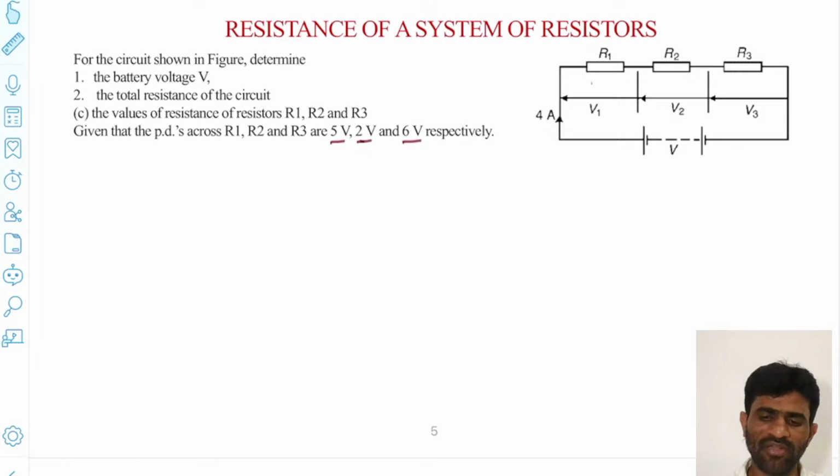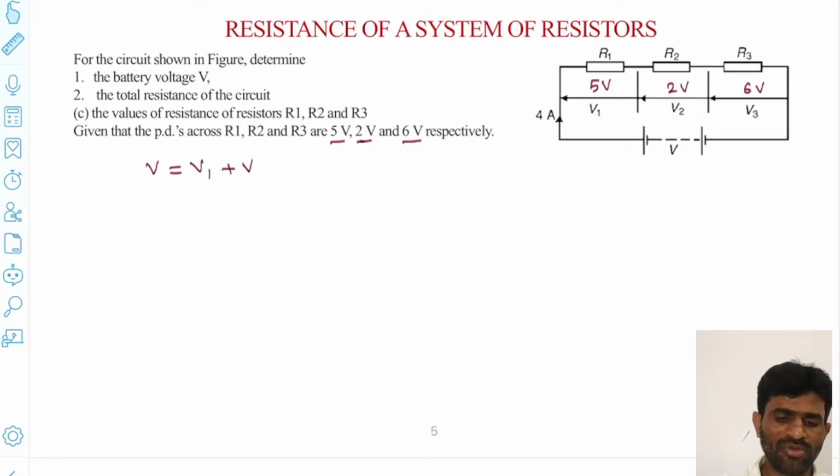They are asking to find the total voltage, and because all these are connected in series, V is equal to V1 plus V2 plus V3.